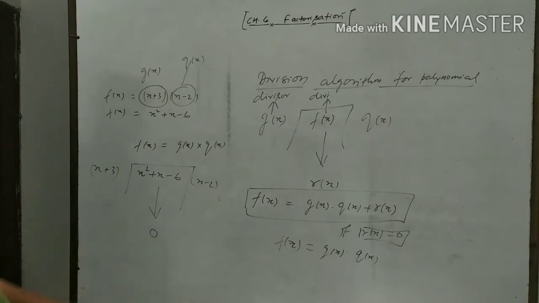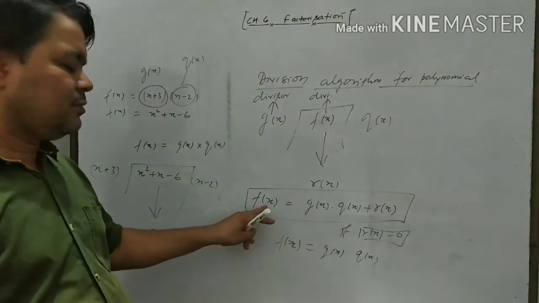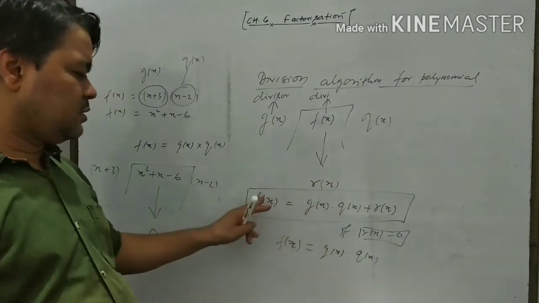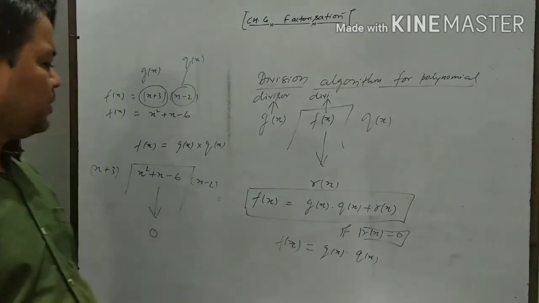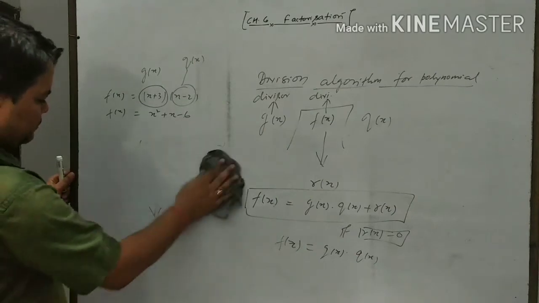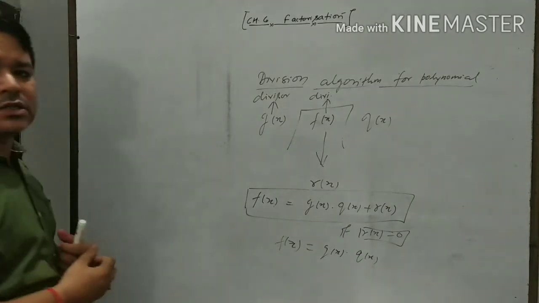The degree of the remainder is also always less than the degree of the divisor. Now one more thing I want to tell you, again with the help of arithmetic.